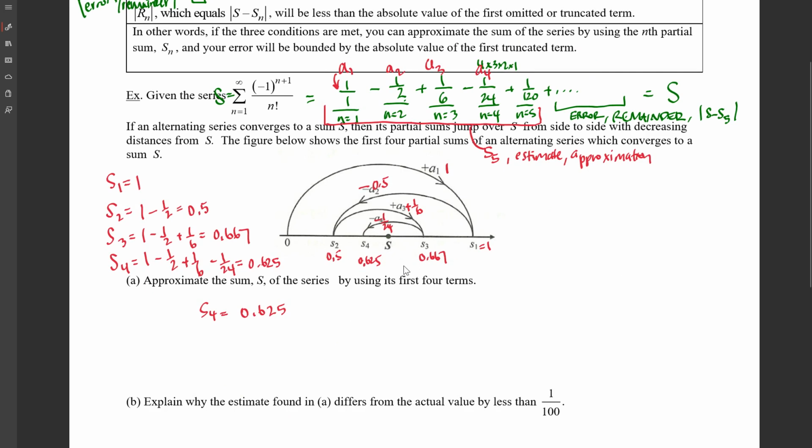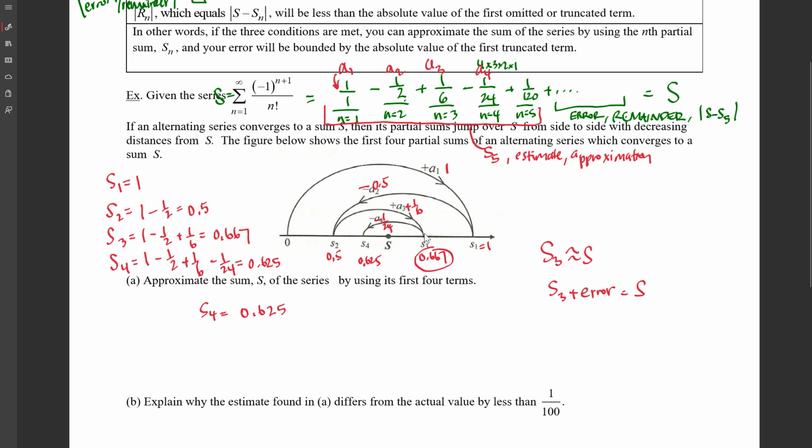So let's think about what this means. Let's say I stop at S3, and I say that S3 is an approximate value for S. Well, what is my error going to be? Because S3 didn't add all of these infinitely many numbers right here, right? So if I add S3 with the error, then I'm going to get S. But what's the most that my error can be?